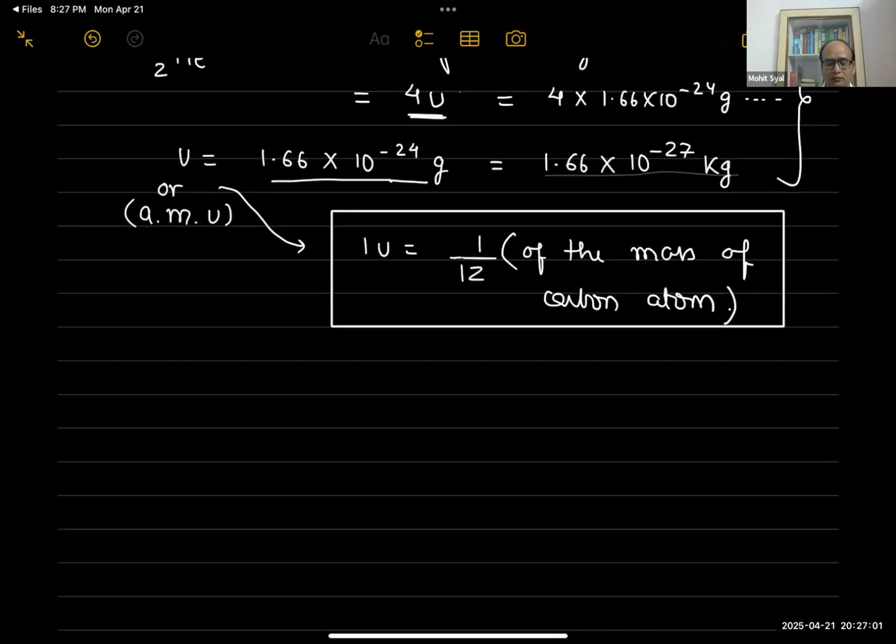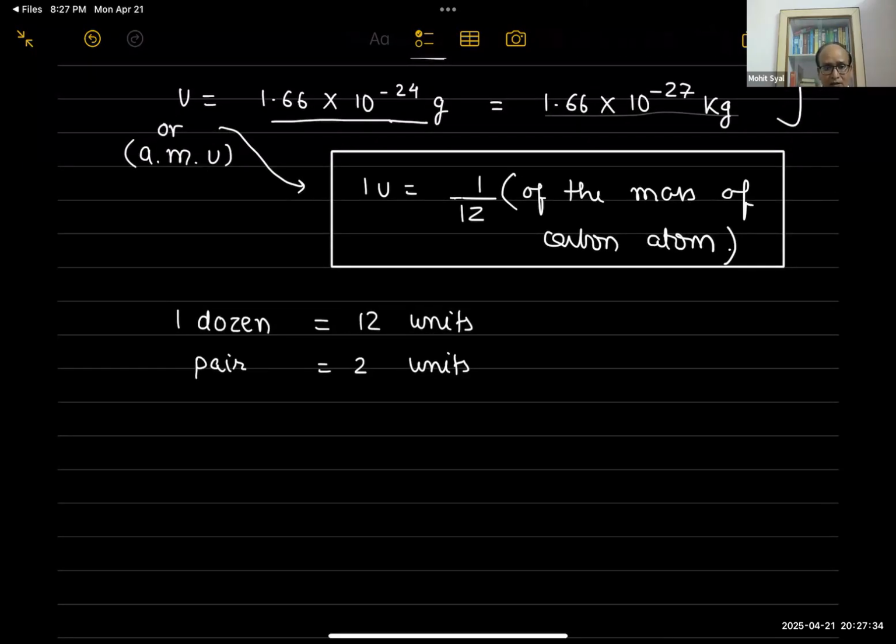What is dozen? Dozen is 12. That is also a counting unit. And pair, which is 2.